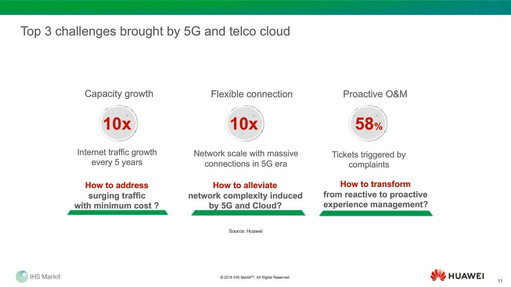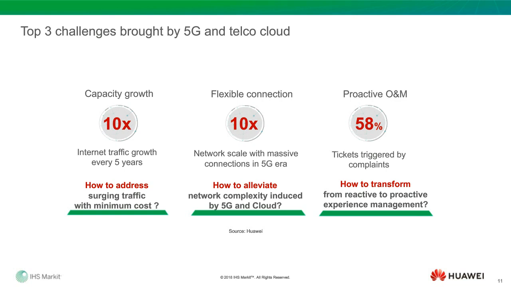If you check by today, we face the top 3 challenges, especially driven by 5G and telecom cloud. As Cliff mentioned, SDN came out maybe 5 years ago, and at that time, we probably hadn't talked too much about 5G. We also didn't talk too much about cloud, especially telco cloud.